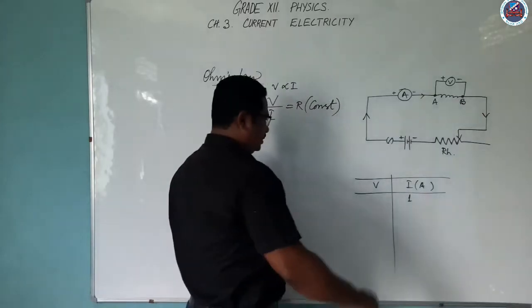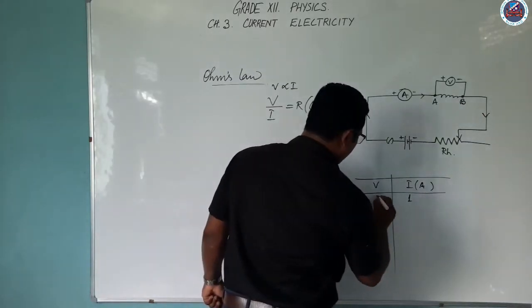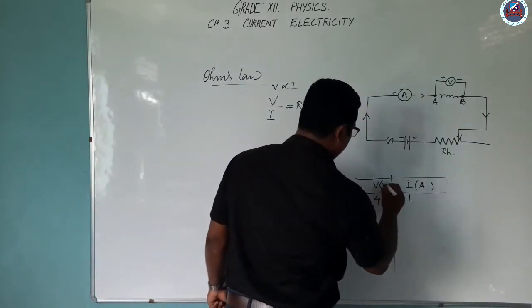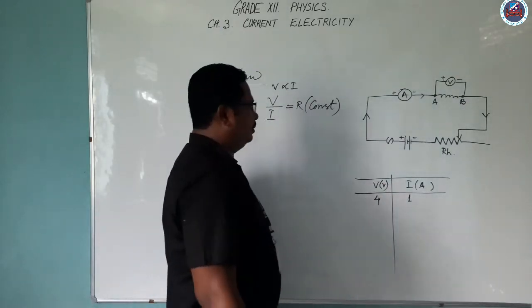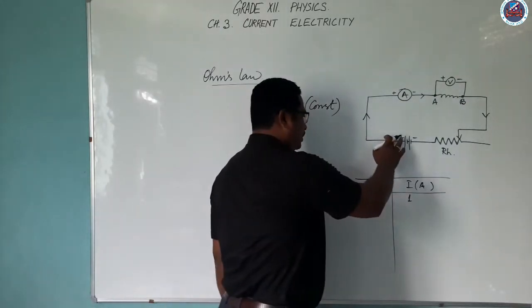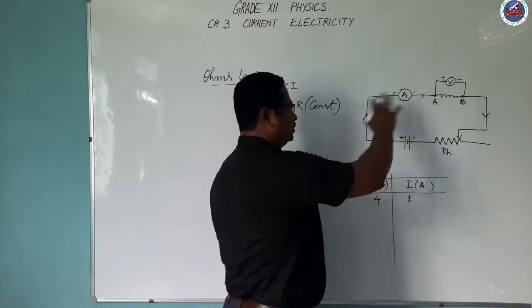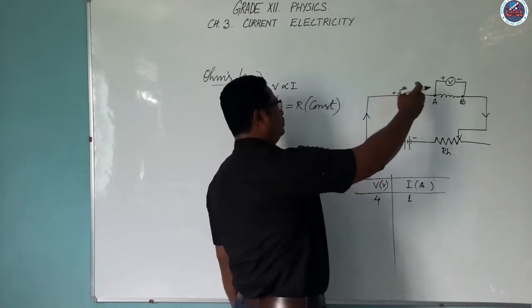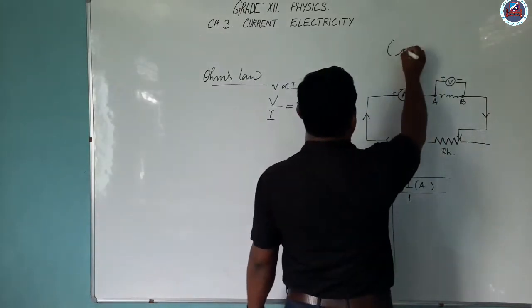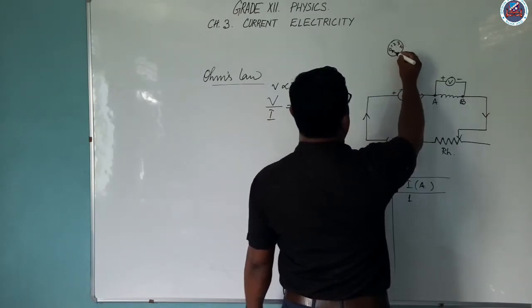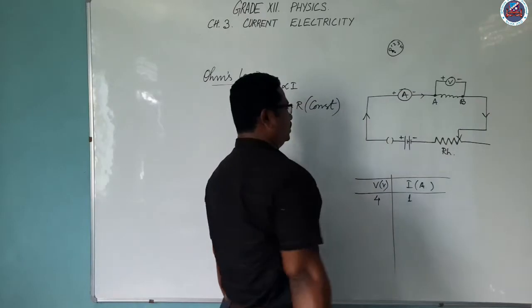Let us say that it is 4 volt. It is in volt. Now I will switch it off. That means I will open the circuit, current flow will stop, the pointer will come back to 0. Both the pointers start from 0, 1, 2, 3, 4, the scale is like this. There will be one pointer, it will fall back to 0.